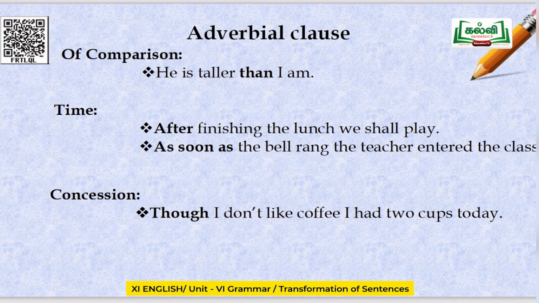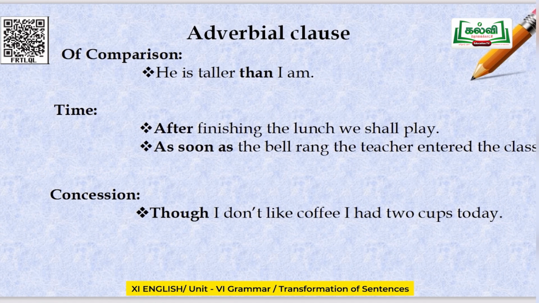Under this adverbial clause, again you have got a number of classifications, children, because as you know, an adverb is a word which defines a verb. It may say where the action was done, in which place the action was done, how it was done, in what way it was done, for what purpose it was done.